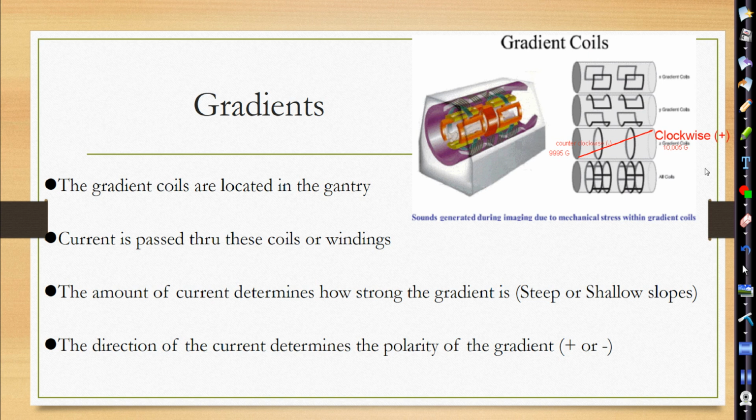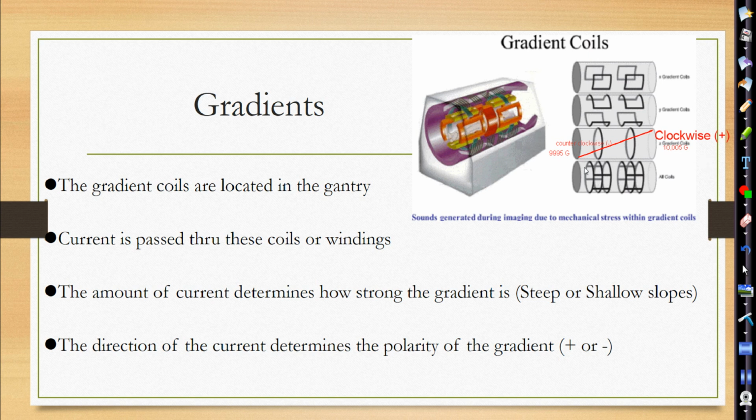So what's the number there? 42.57. Good. So imagine now we times 42.57 times a little bit stronger than 1 Tesla. We multiply it by 10,005 Gauss. So now what happens to our precessional frequency? Does it go up or down? It goes up in a very predictable fashion, right?